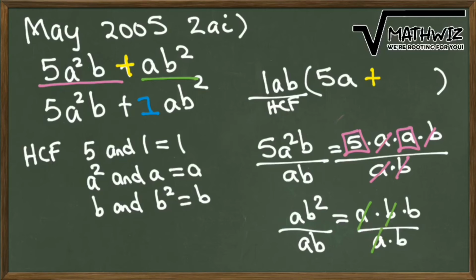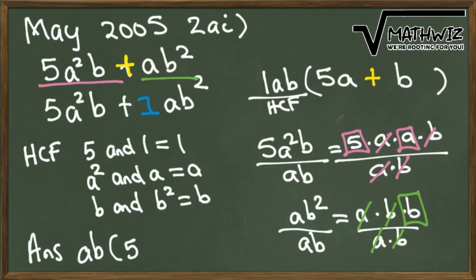So the a's cancel, the b's cancel. So what's left over is b. So for your final answer, you don't put the 1, just because that's not how we generally like speaking math. It's implied. So we're going to just put ab, open bracket, 5a plus b. All right, so that's what we would do.